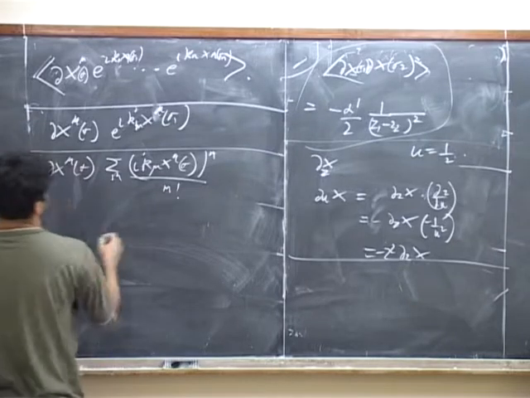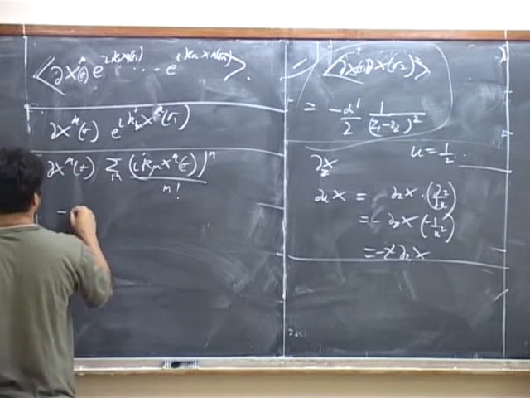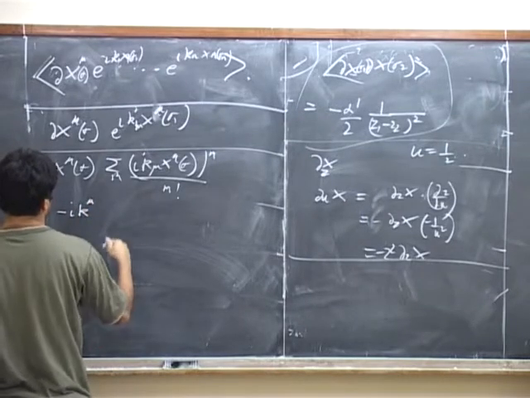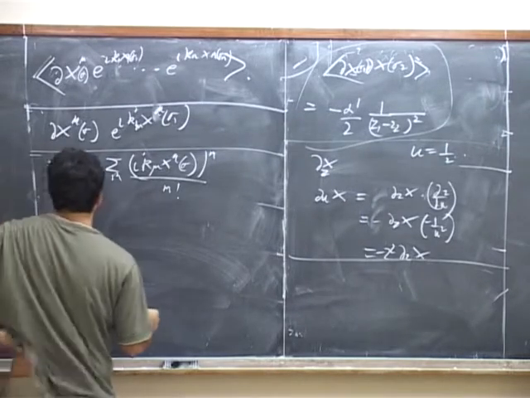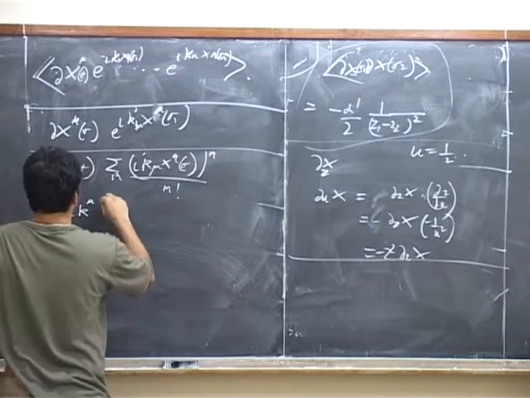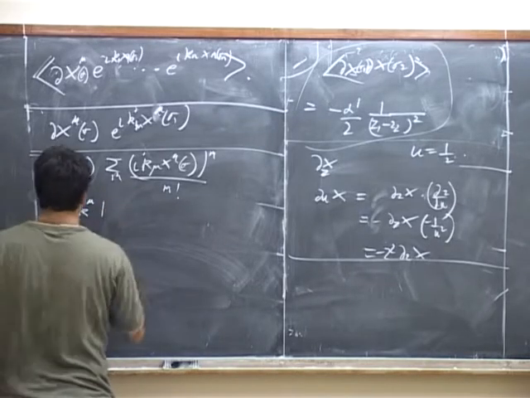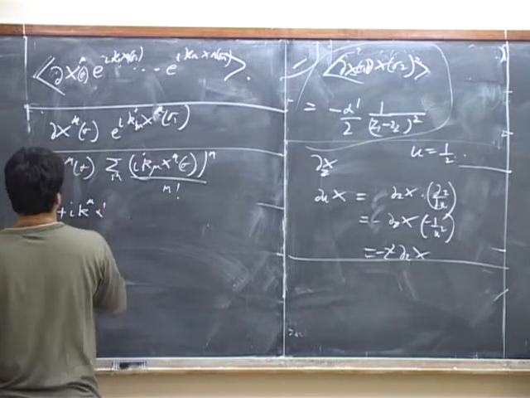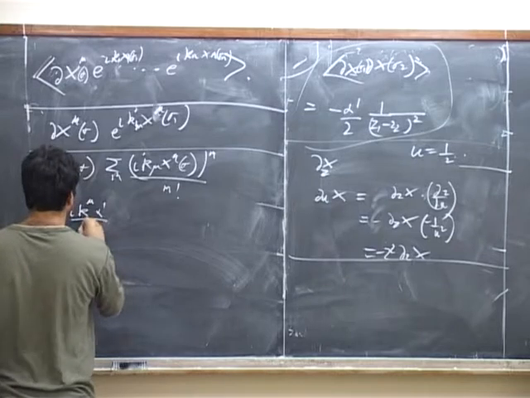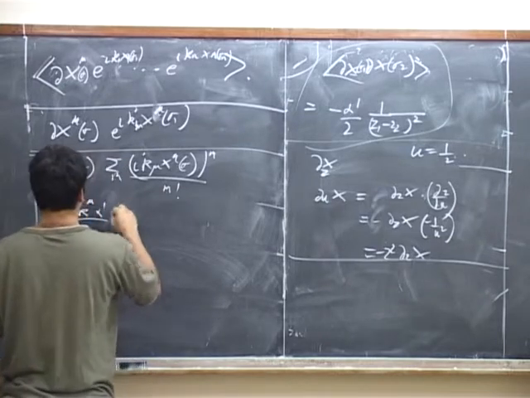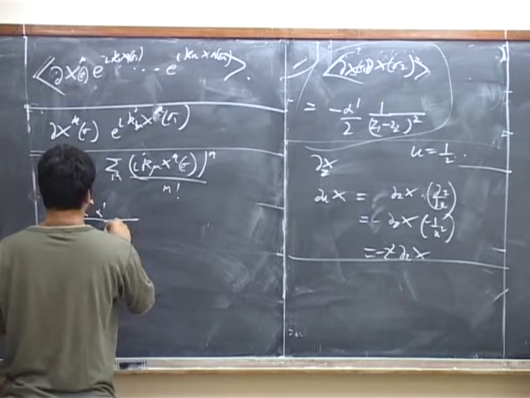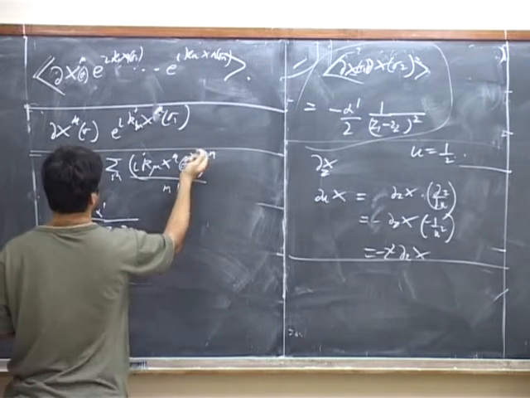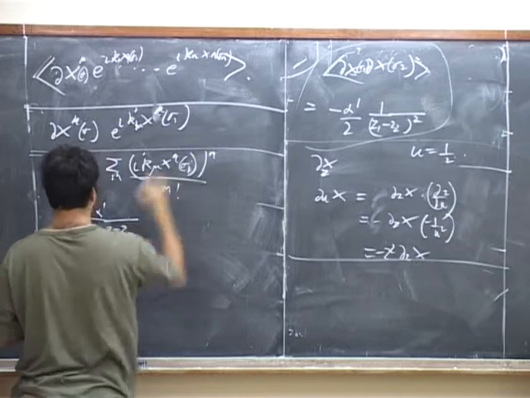Okay, so we get minus i k mu, the log goes away, alpha prime by 2, over z minus z1.